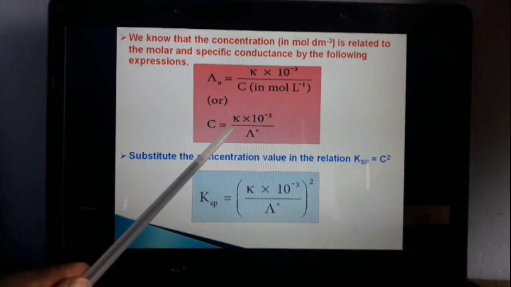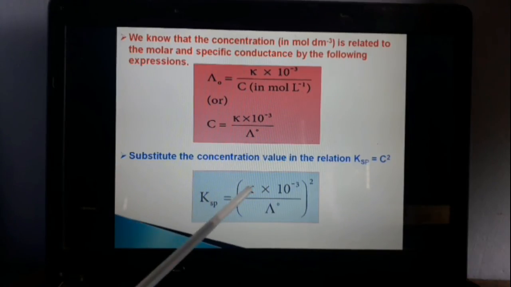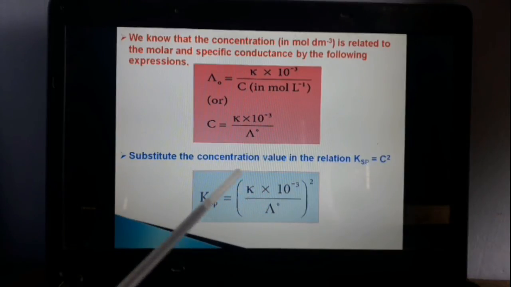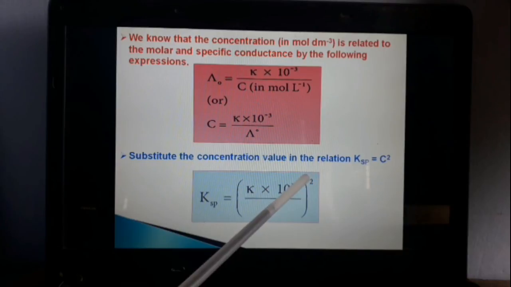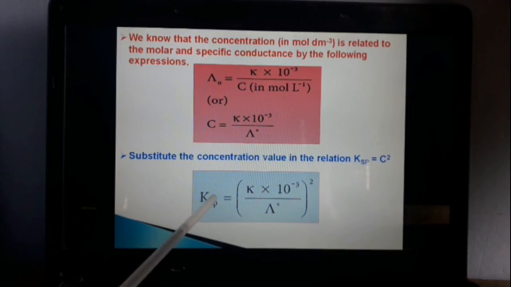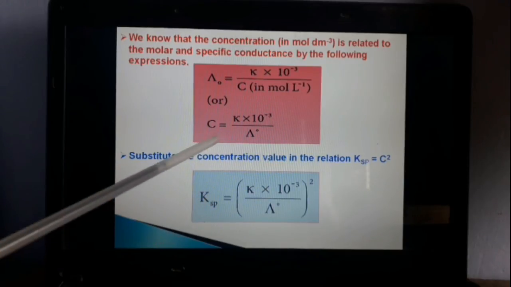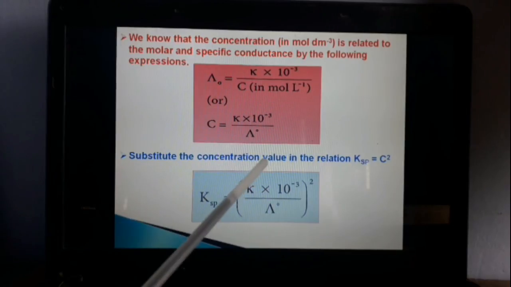Substitute this value into Ksp. Ksp is equal to (kappa into 10 to the power of minus 3 divided by lambda 0) whole squared. This is the final relation for the solubility product of the sparingly soluble salt.